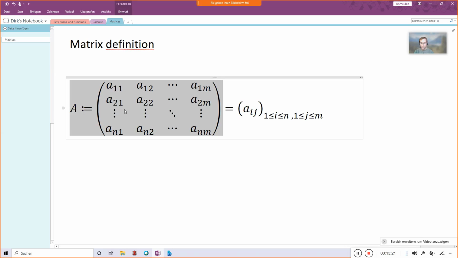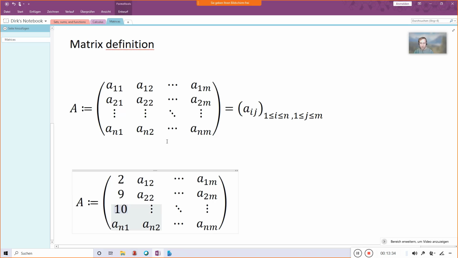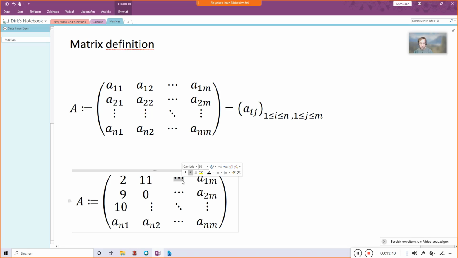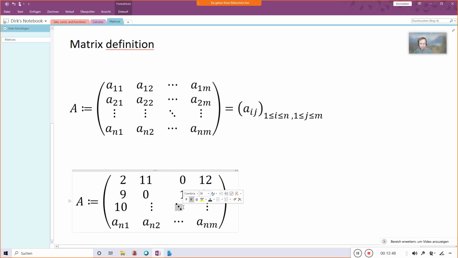To have a very concrete example of this, we can now assume that we have let's say a 4x4 matrix, and we can just put numbers here. So whatever these numbers are. Actually, that's faster to do by hand than what I'm doing now.